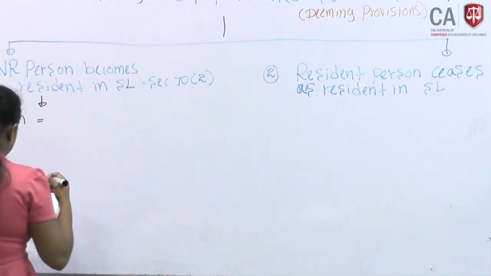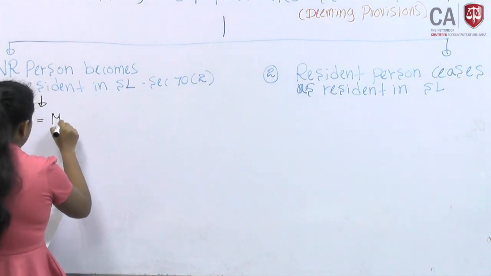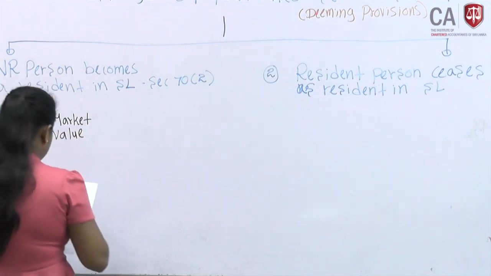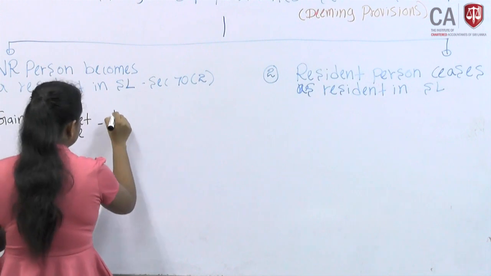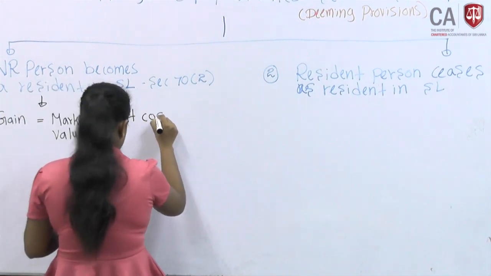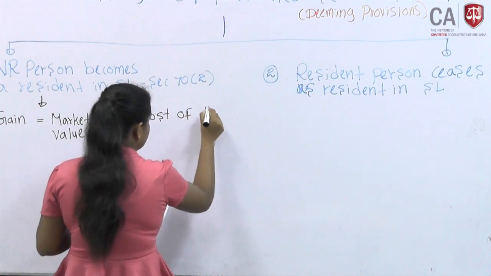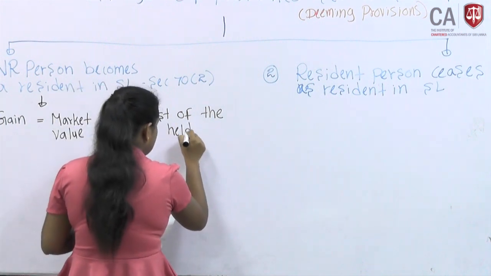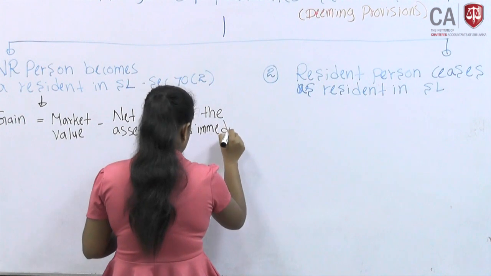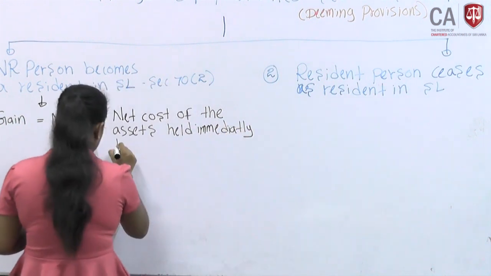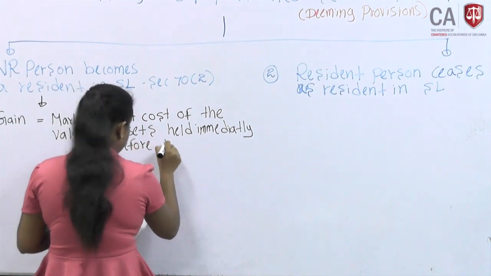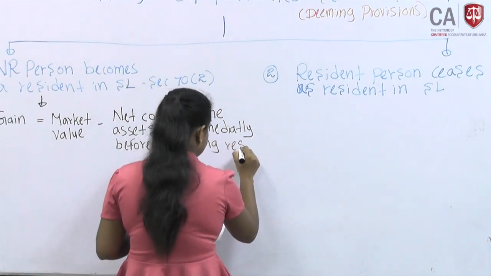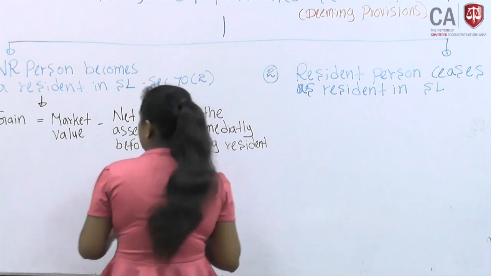Here it has given market value: it is market value minus net cost of the asset held immediately before becoming resident. Clear?